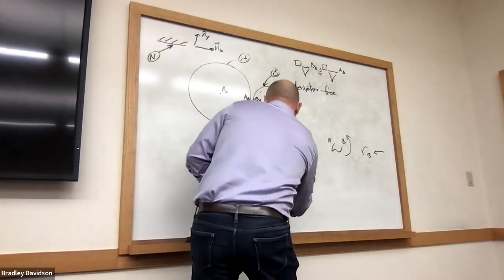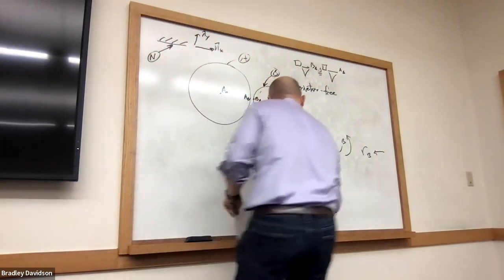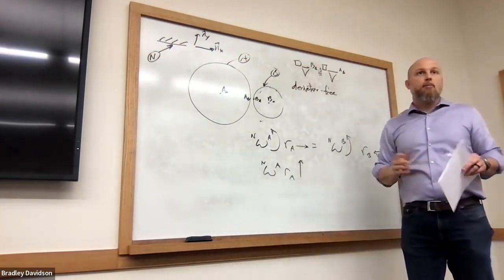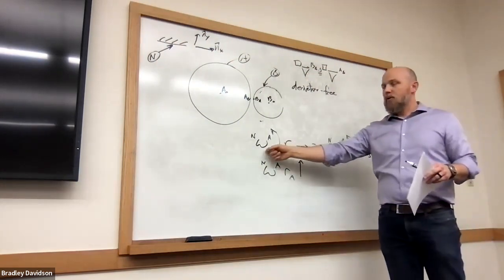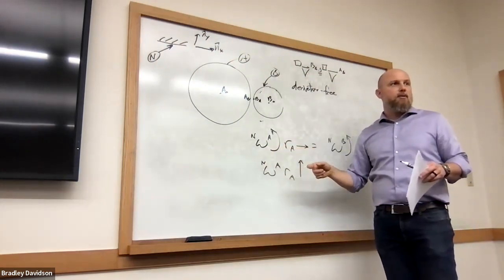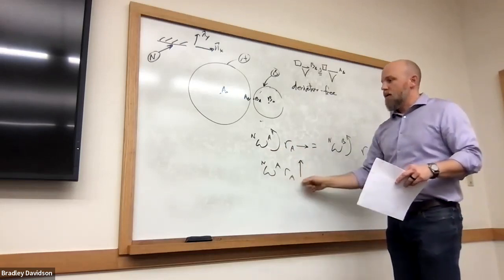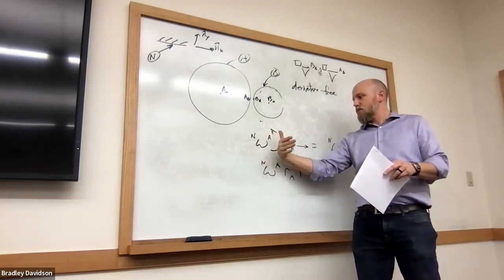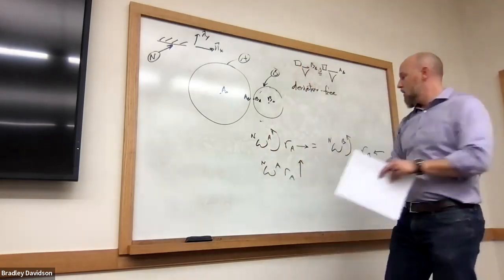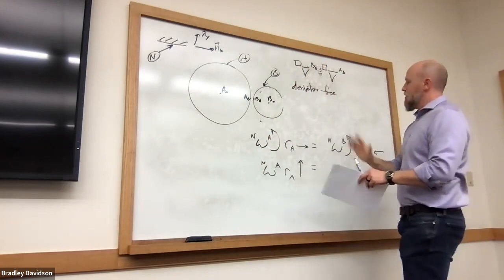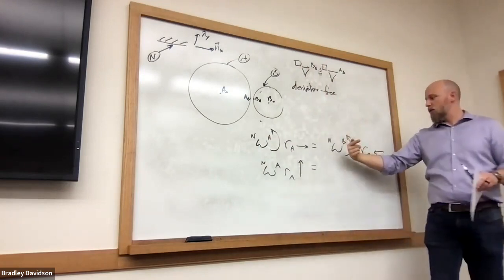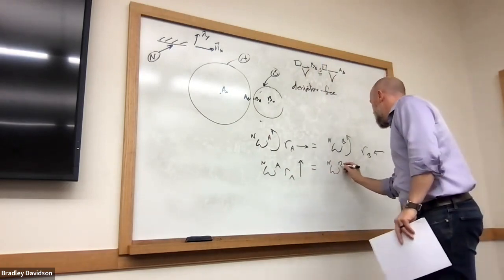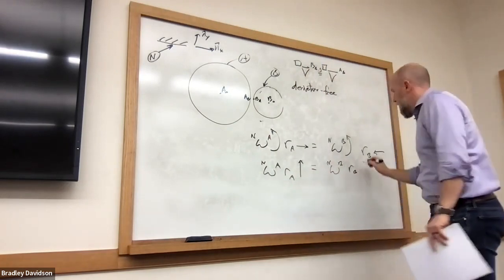then I get omega N to A RA up. Do you buy that? If I do my cross product of this vector and that vector, then I get up because it's this vector crossed with that direction, it's up. Okay, and on this side, it's this vector, right, coming out of the board, crossed in that direction, so it's omega N to B RB down.